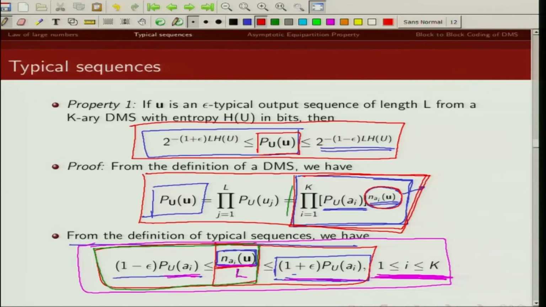It talks about the probability of occurrence of a typical sequence.